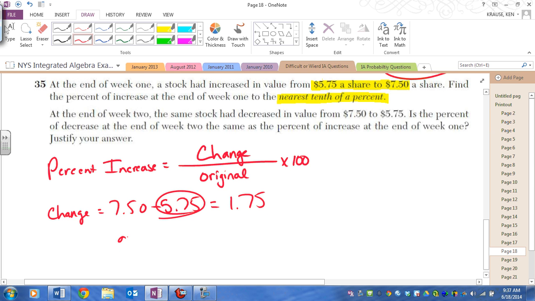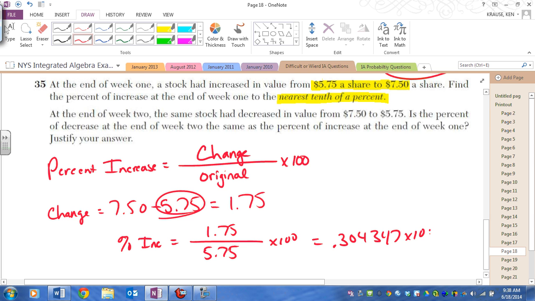So the percent increase is equal to $1.75 divided by 5.75 times 100, which is equal to 0.304347 times 100. It's set to the nearest tenth. So multiplying this by 100, we'll move the decimal place here. So this is equal to 30.4%.